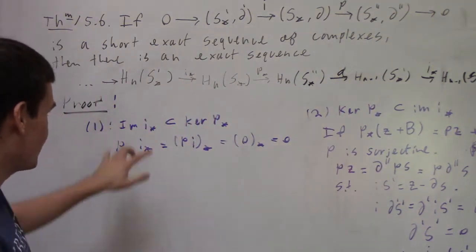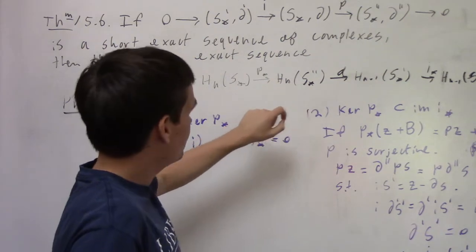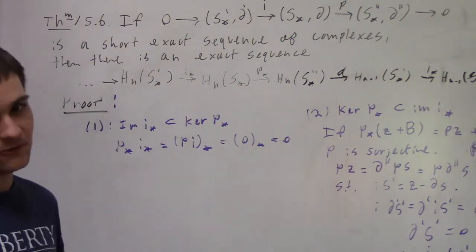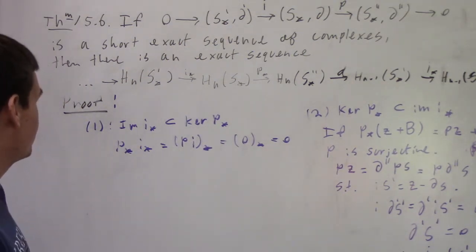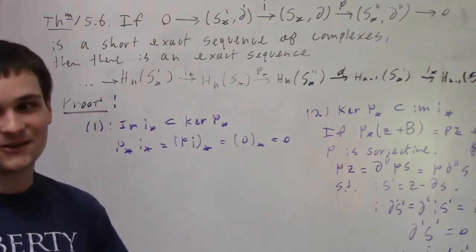So it's not exactly the same because you're going from Hn of S prime to Hn minus 1 of S prime, which is why it's kind of like a spiral. Cool. So that's just to remember how to recreate this annoyingly long sequence I had to draw.